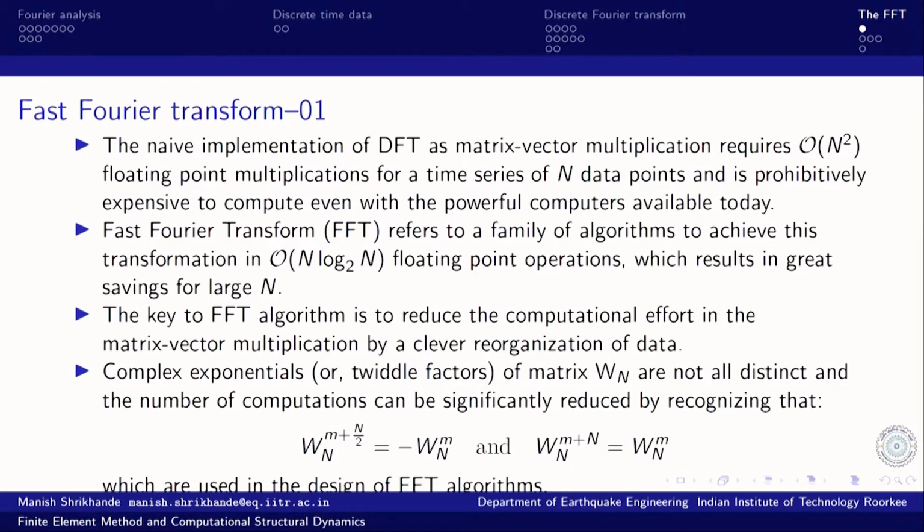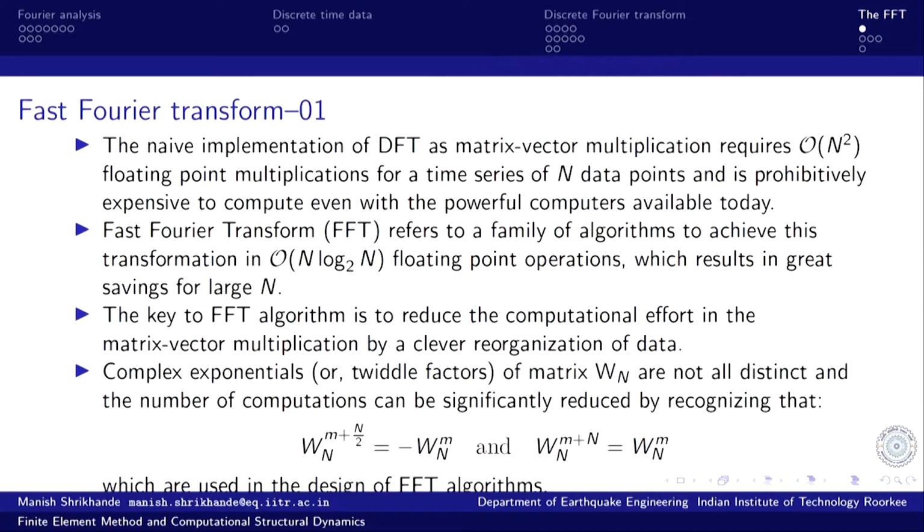So, the complex exponentials, or the twiddle factors that we discussed earlier, of the matrix Wn, we need to appreciate that they are not all distinct, and the number of computations can be significantly reduced, because those are complex exponentials, which are of course periodic with period 2 pi.